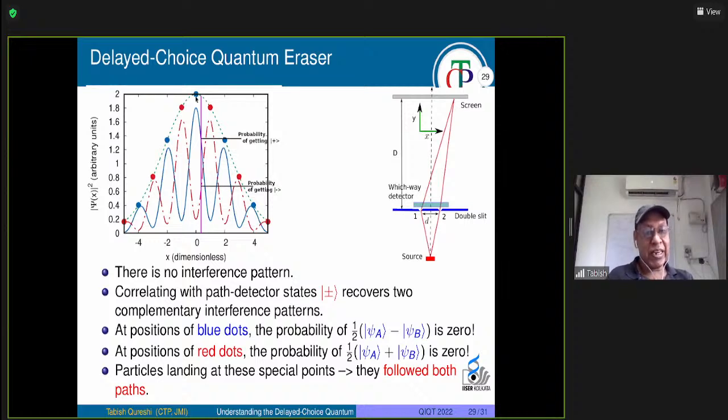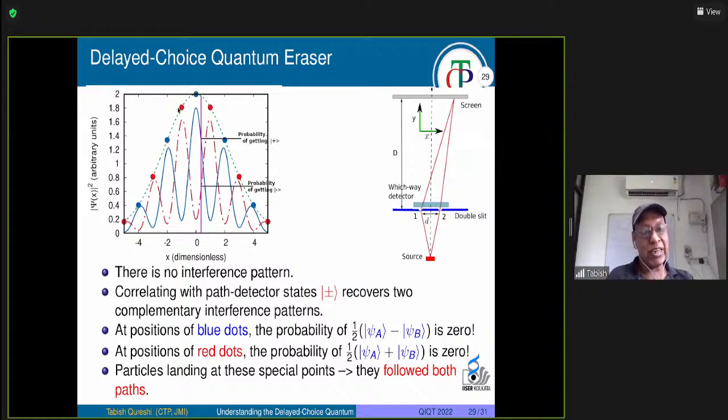Once the particle lands at some special locations here, you know that the eigenvalue is plus 1. So it is in an eigenstate of the Q operator, which corresponds to erased information.